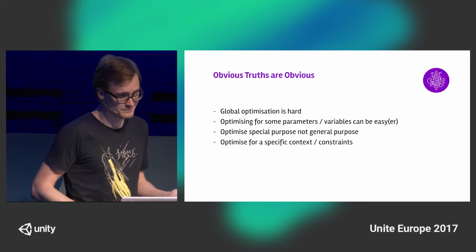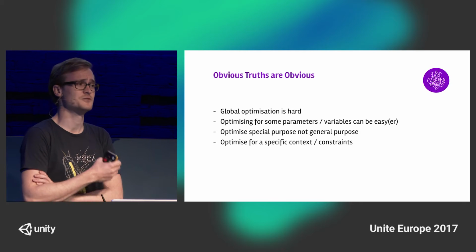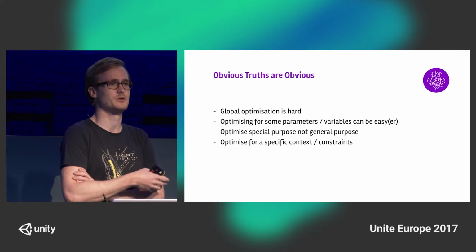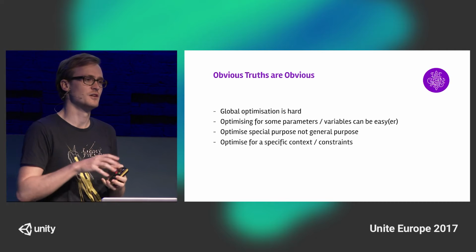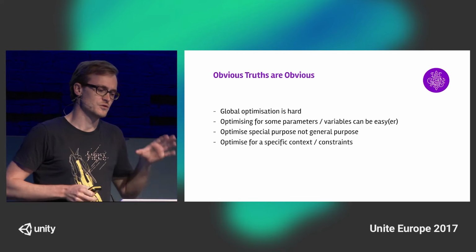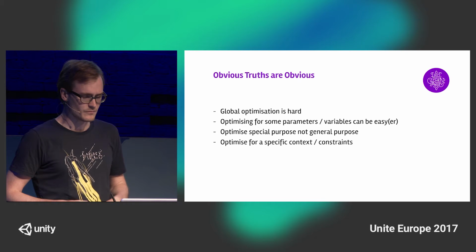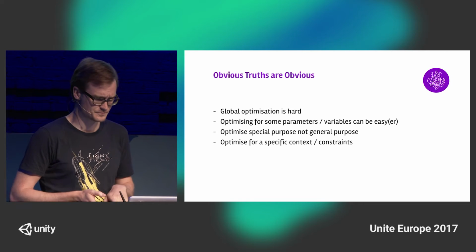But the easier part is to optimize for some specific uses and purposes, to really see what you need and go in that direction and focus on what you actually need. So special purpose is always easier than general purpose.